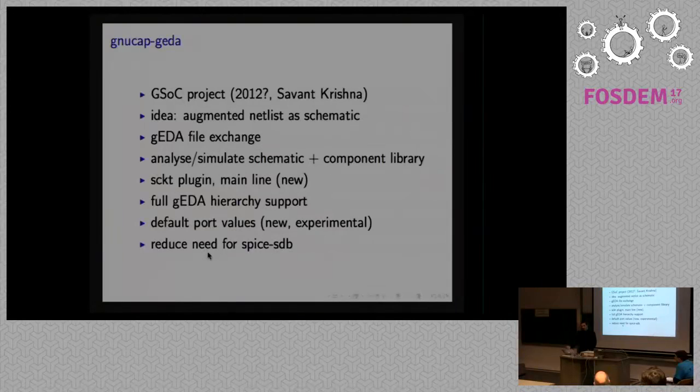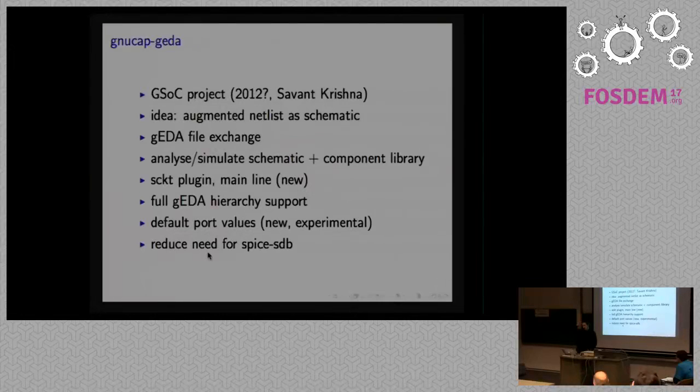So mainline now allows me to plug in my own sub-circuit implementation, which here takes care of netlist expansion from schematics. And I can use all these GDA schematic, gschem hierarchy, build my hierarchical netlist in a GDA schematic and directly run it in gnucap or load it.